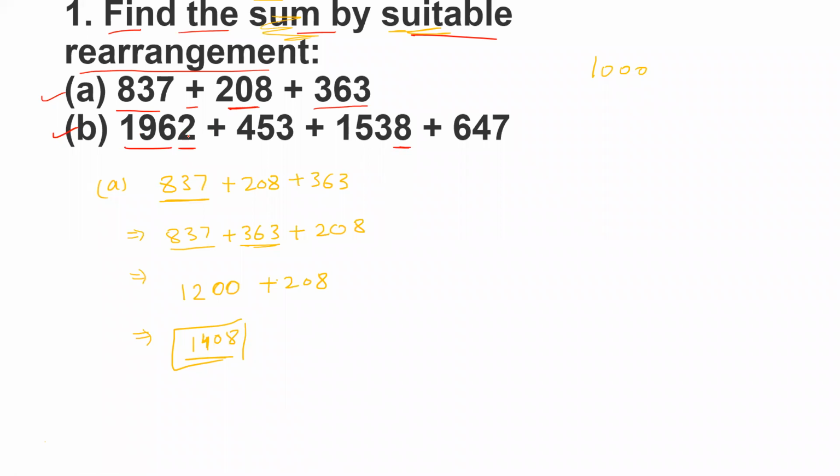So 8 plus 2 is 10. This is the hint for you. On the other hand, 3 and 7 is 10. So this is a hint for you. In this way you are going to identify which number you are going to add with which.